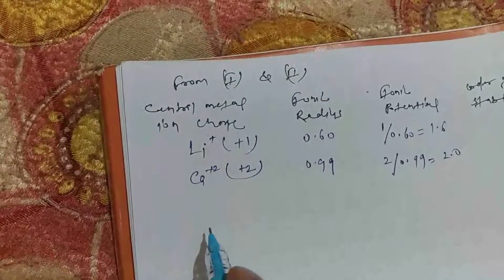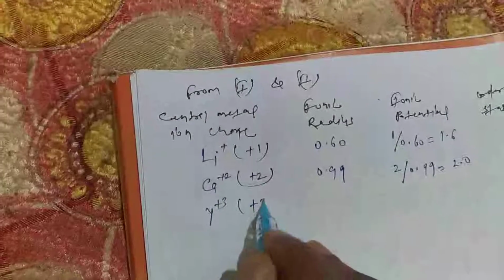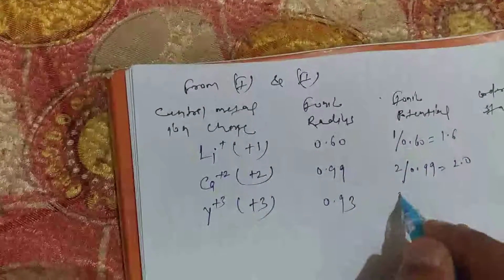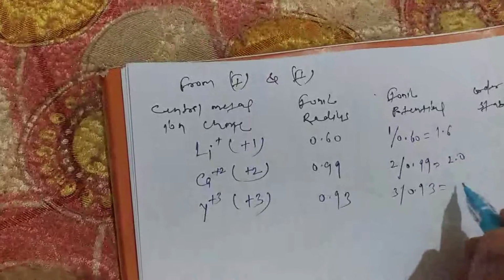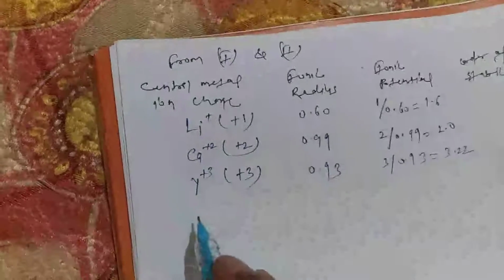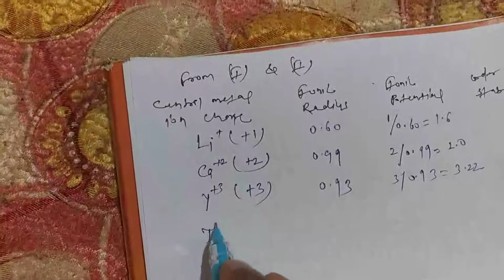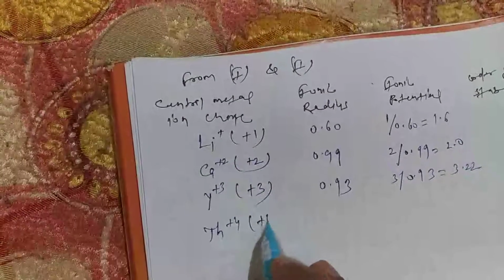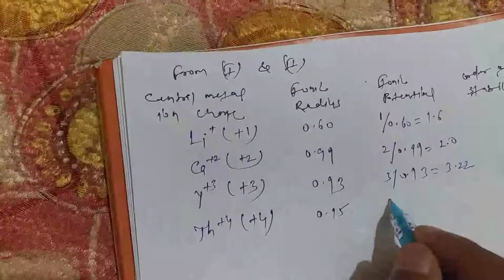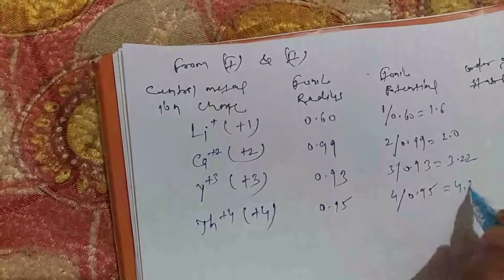Let's take another example of plus 3. Yttrium plus 3 has plus 3 charge, radius is 0.93, so 3 by 0.93 will give you 3.22. And then plus 4 charge, thorium plus 4, thorium has 0.95, so 4 divided by 0.95, so this is something higher.